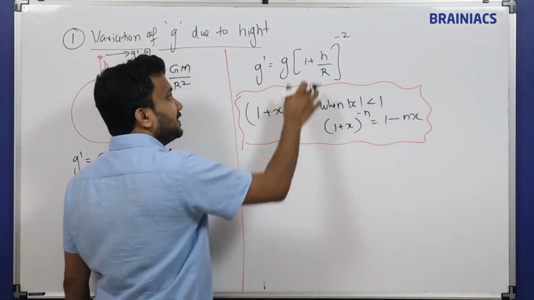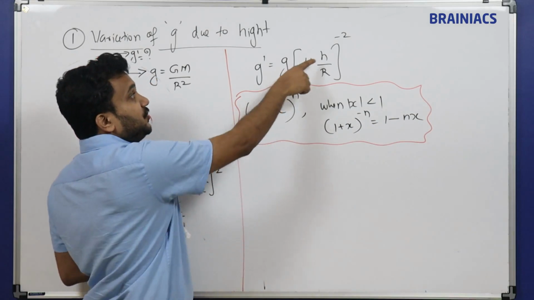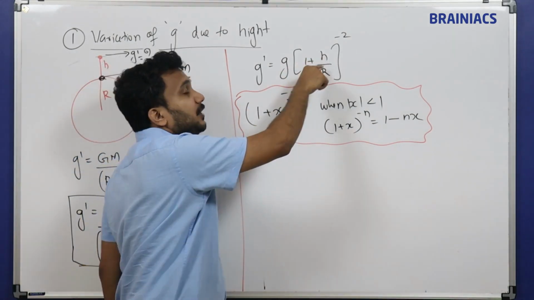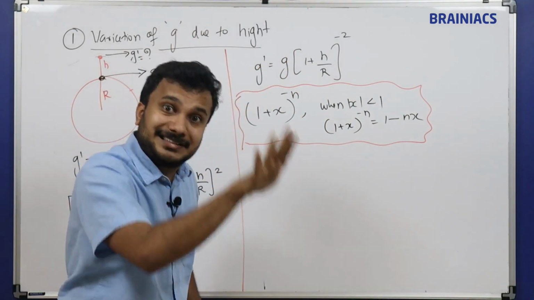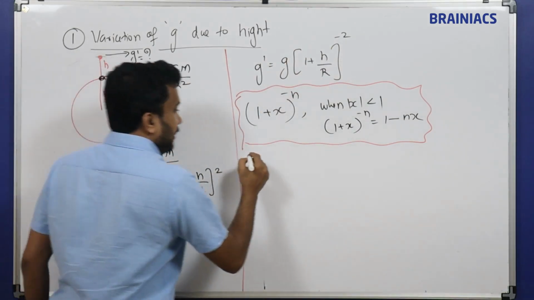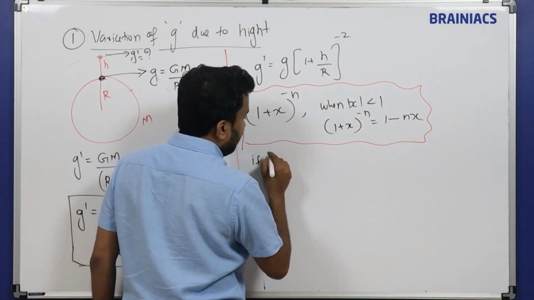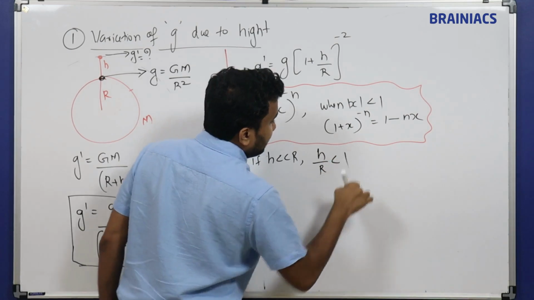So in order for x to be less than 1, h should not be equal to r. If h is equal to r, h by r will be 1, which is not allowed. h is very much less than r, so h by r is less than 1.